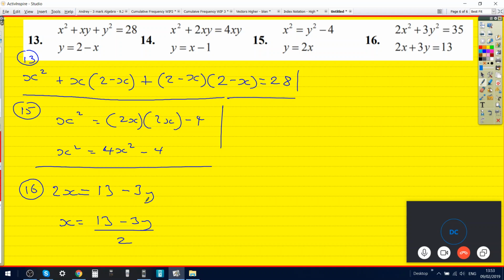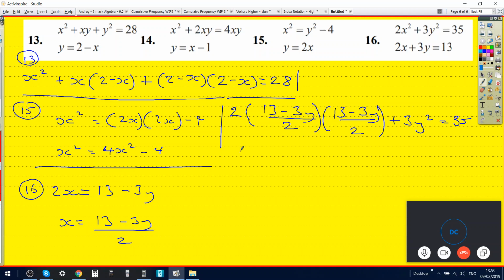Okay. So 2, open brackets, 13 minus 3y over 2, close brackets, open brackets, same thing, plus 3y squared equals 35. Right? Yeah. And then do we have to square them?